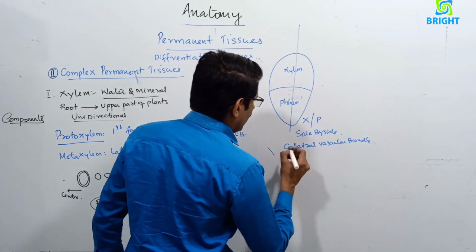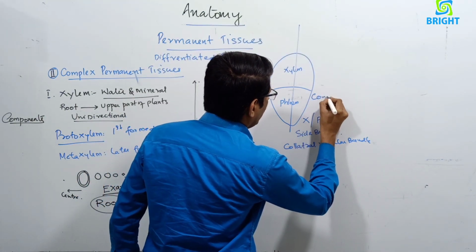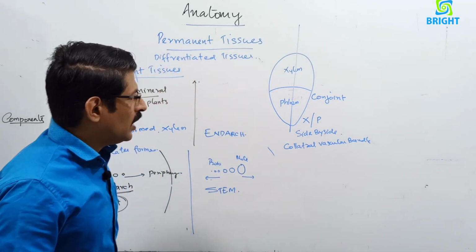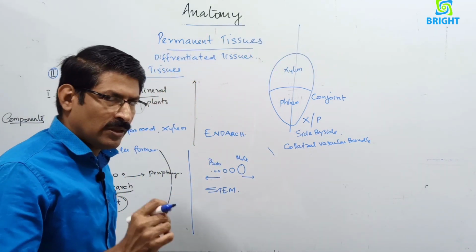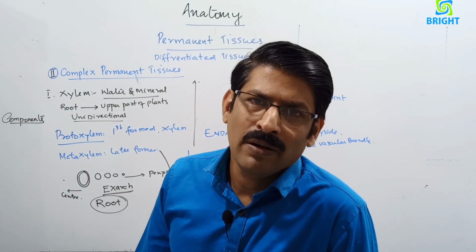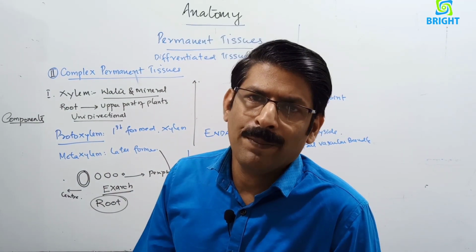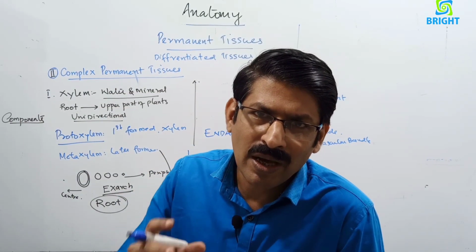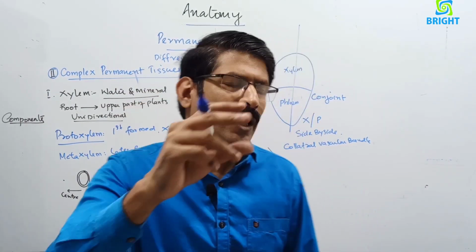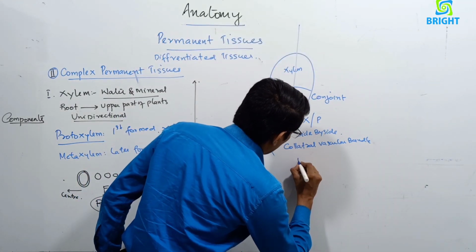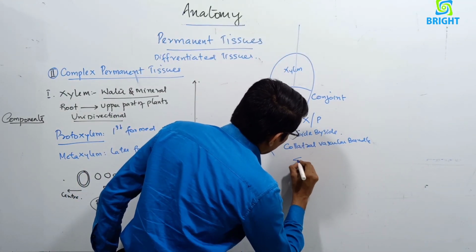Then it is called conjoined vascular bundle. So conjoined collateral. What is a conjoined vascular bundle? Conjoined vascular bundles are those with xylem and phloem arranged on the same radius, and when arranged side by side, it is called collateral vascular bundle, and it is a characteristic of all stem.